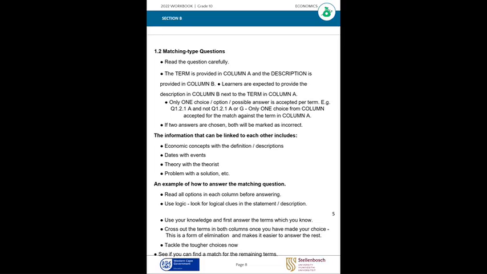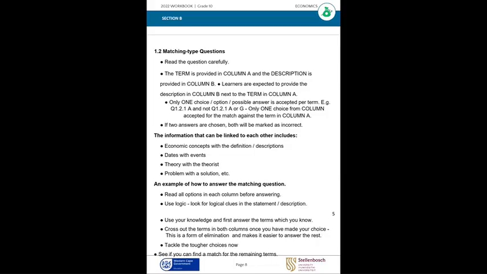So column A would give you the term and column B would give you the description, and you must choose the description to meet that term. Okay, so once again, if you give, like we show you there, 1.2.1 A or G, even if one of them is correct, they will both be marked as wrong.